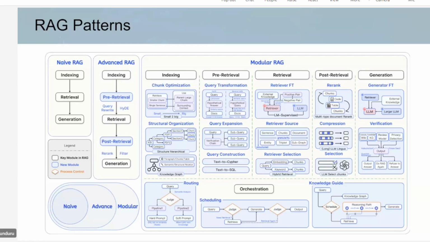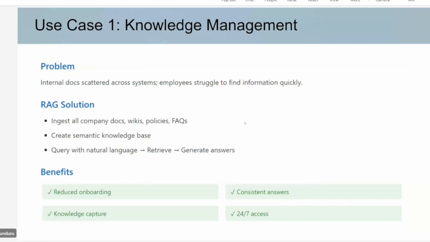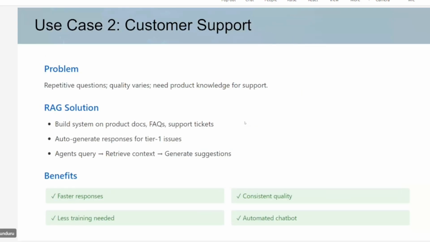It can be agentic RAG kind of. Agentic processes can be included as part of this particular modular RAG. Or we can use a particular technique in the modularity, based on the design or the use case we are planning to use.